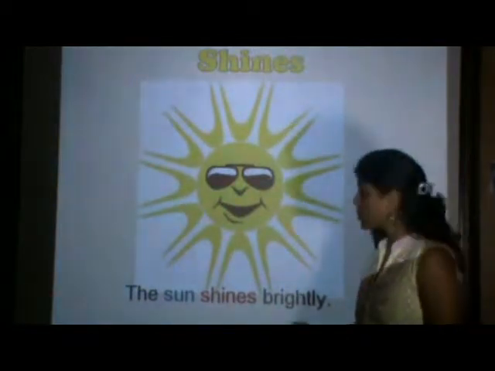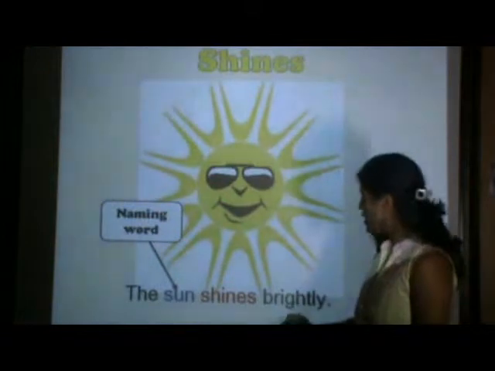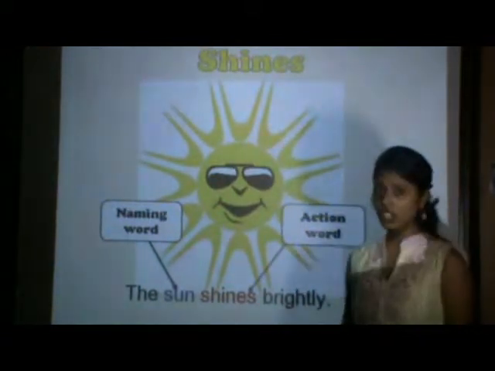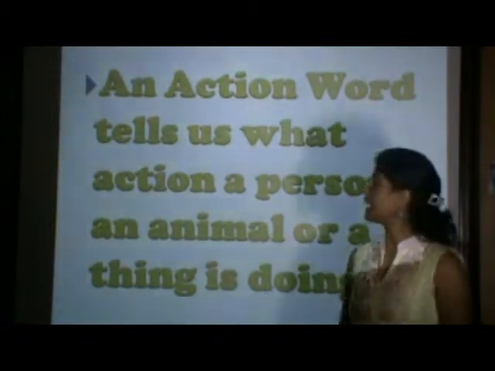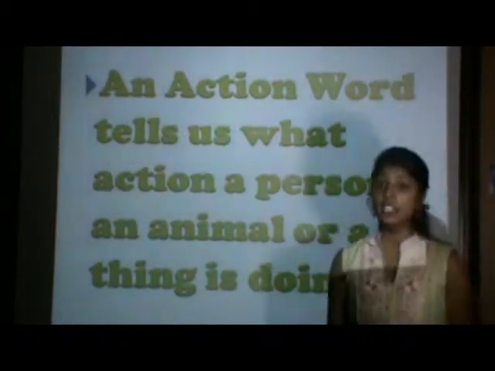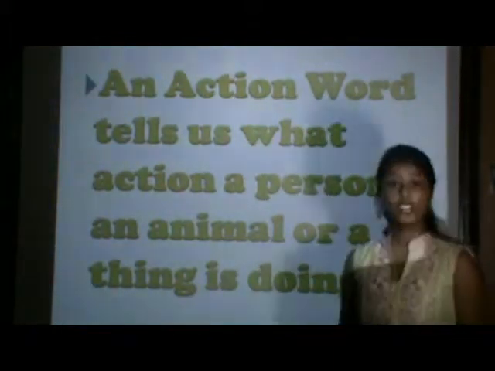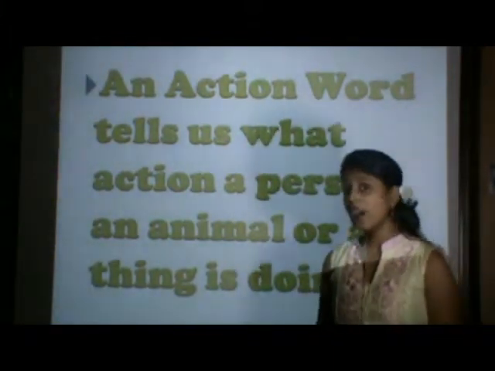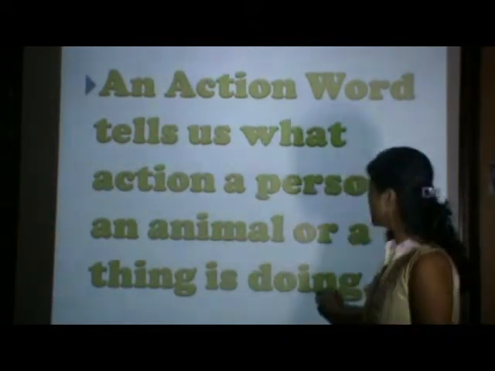The sun becomes your naming word. And shines, your action word. Very good, children. So, we have just learned that an action word tells us what action a person, an animal or a thing is doing. Now, children, we are going to play the game called Simon Says.